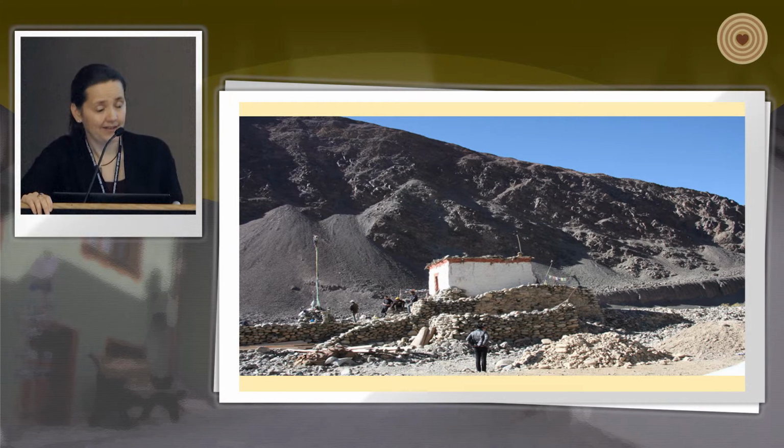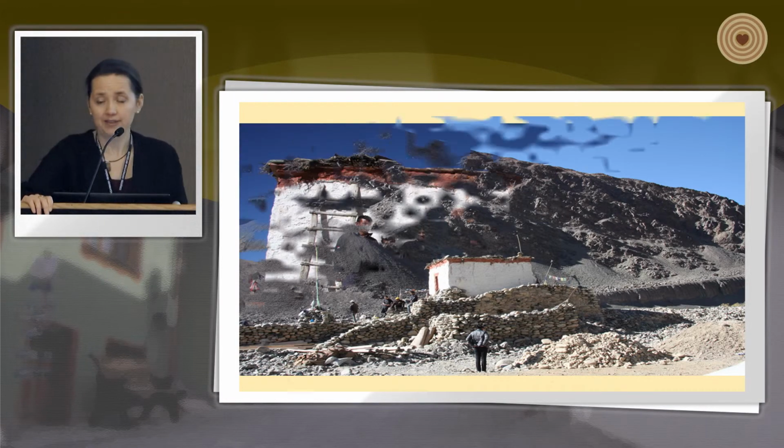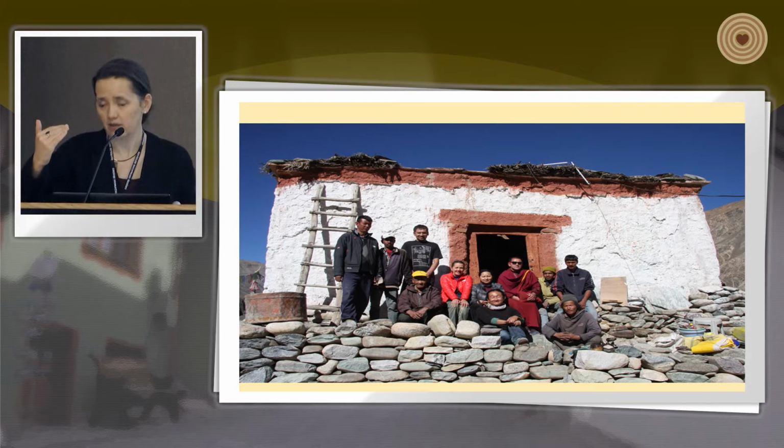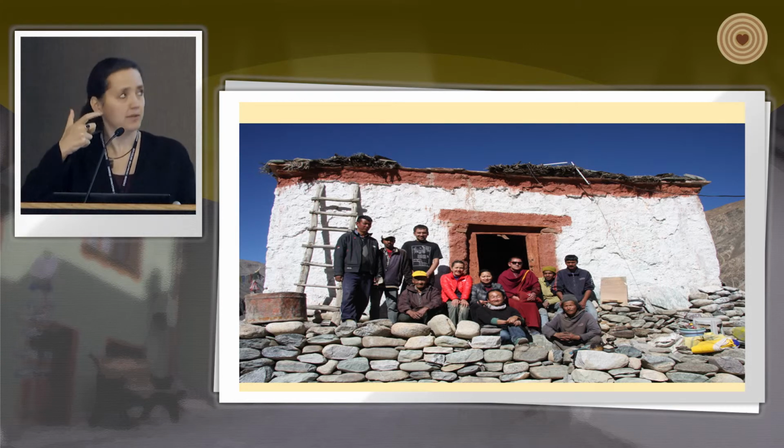We went with the carpenters, the craftsmen, the masons, because this temple had not yet been identified, not yet been restored. So the Tibet Heritage Fund and myself and all the masons and carpenters went together.